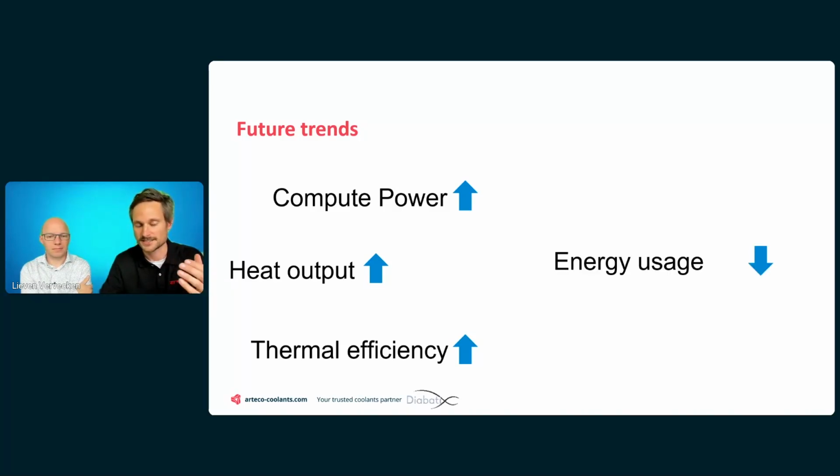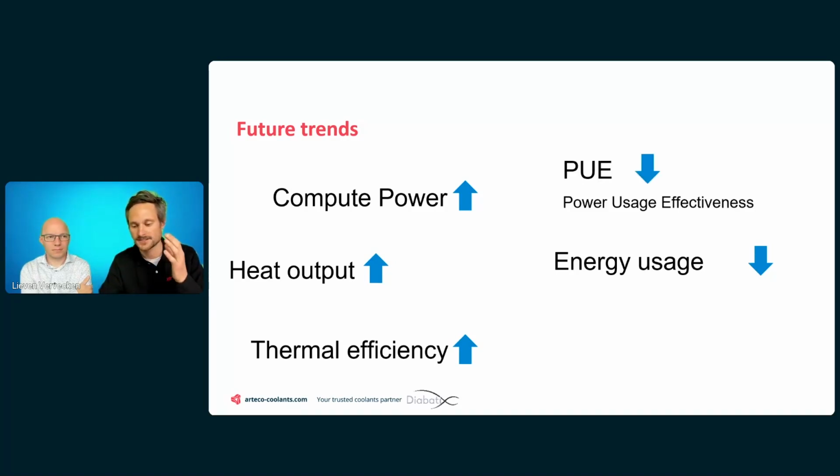But on the other hand, there's also a move or a focus towards lower energy usage because of this metric, the PUE, the power usage effectiveness, which is actually the ratio between the energy being consumed by our IT equipment compared to the energy needed for the entire data center.